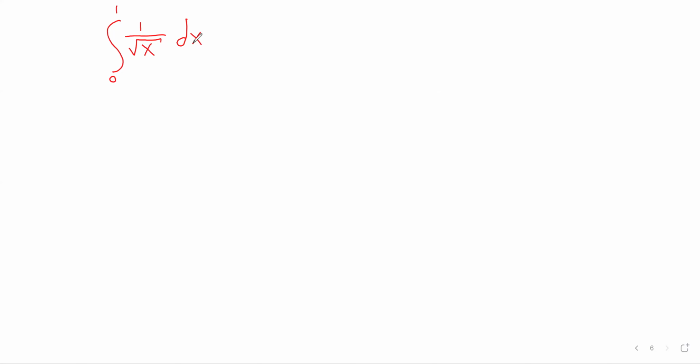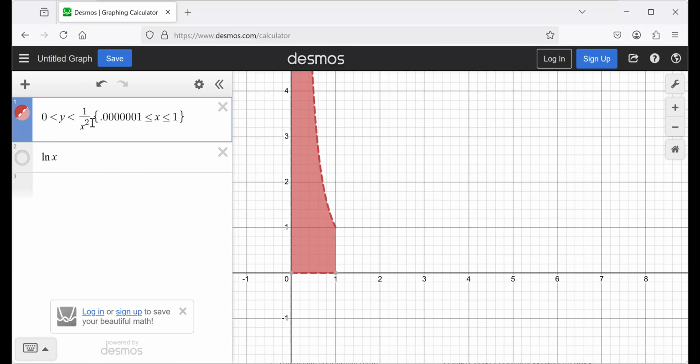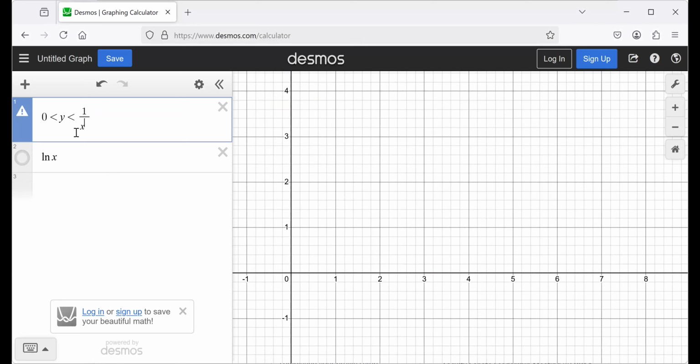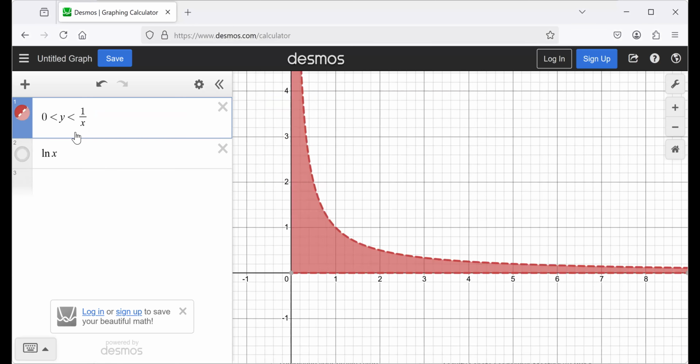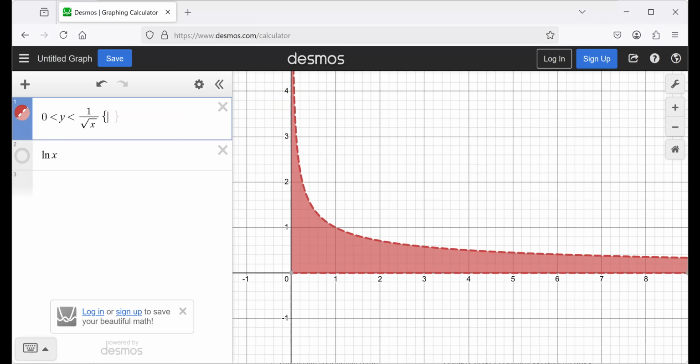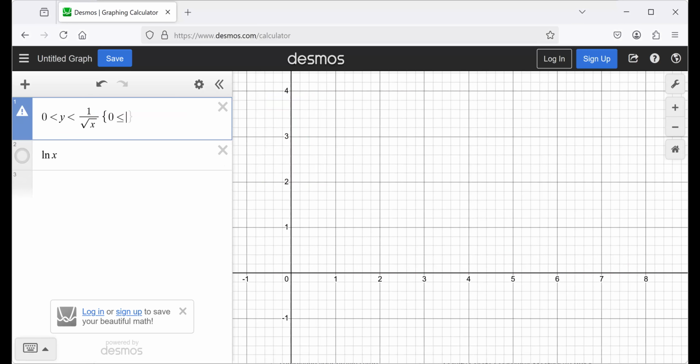And here's one that does, 1 over the square root of x. Let's see, square root of x, we're going from 0 to 1.